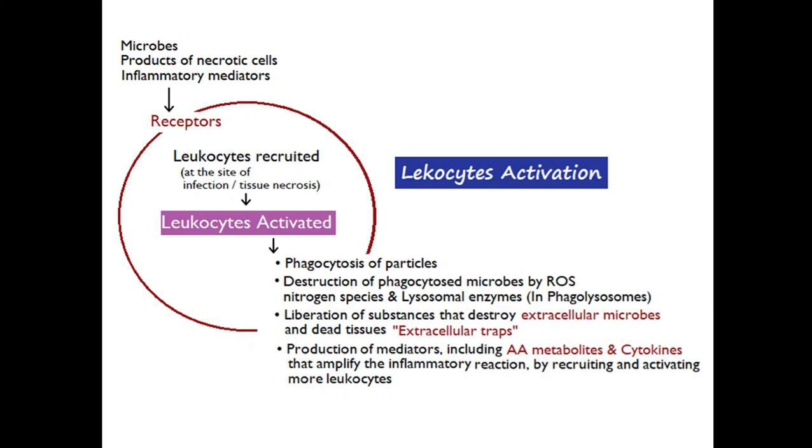They will phagocytose the particle, the pathogen, the dead tissue, and then after phagocytosis, they will cause destruction of the phagocytosed microorganisms and dead tissue by the major component, reactive oxygen species. The reactive oxygen species are used here in the leukocytes to kill and digest the invading organisms.